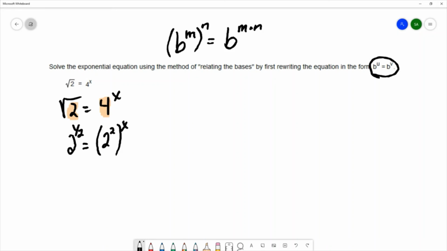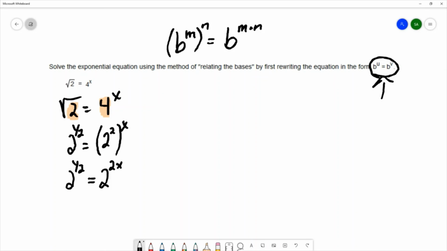On ours, we have 2 squared, and then all of that raised to the x power. That would be 2 to the 2x. On the other side, I have 2 to the 1/2 power. So now I've written the equation in this format where the bases are the same on both sides.